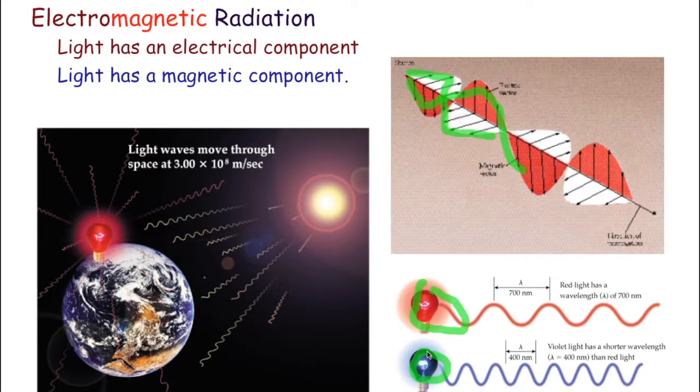What makes these radiations different? The wavelength. You notice that the wavelength of this particular wave is longer than this right here. That makes red light a lower energy radiation than blue light. The longer the wavelength, the lower the frequency and the lower the energy; the shorter the wavelength, the higher the frequency, the higher the energy. So that's the illustration that we have for light.